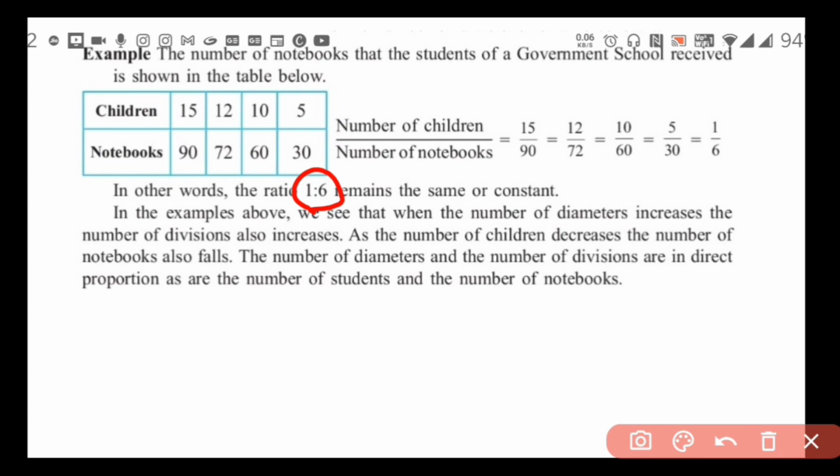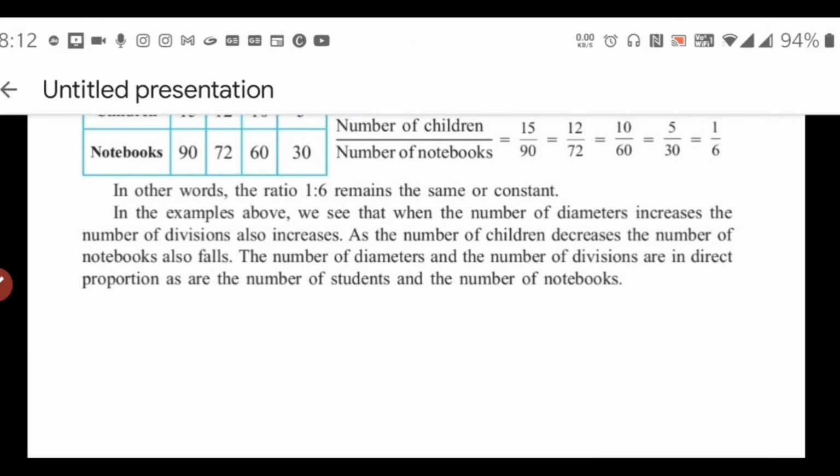The number of diameters and number of divisions are in direct proportion, as are the number of students and number of notebooks. Such types of examples are known as direct proportion. So what can we say about the definition of direct proportion? Let us see the definition.